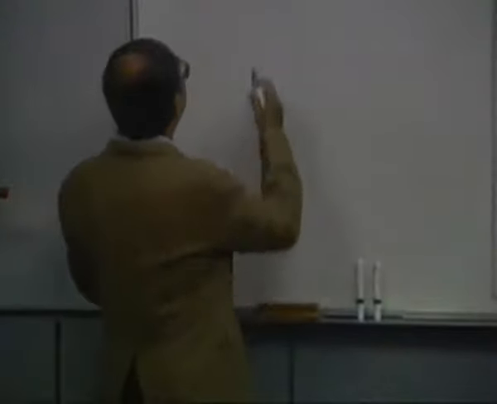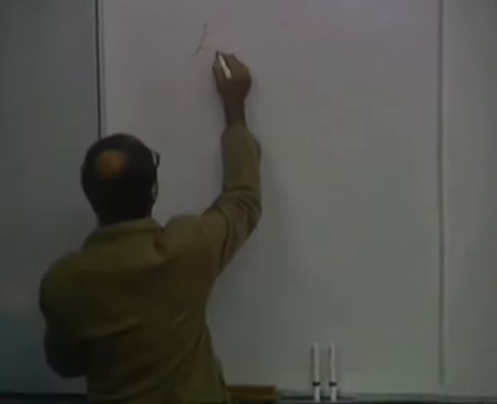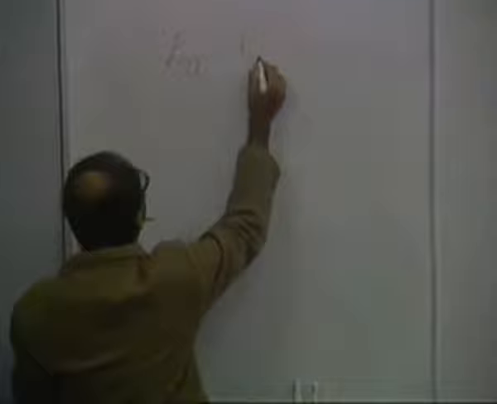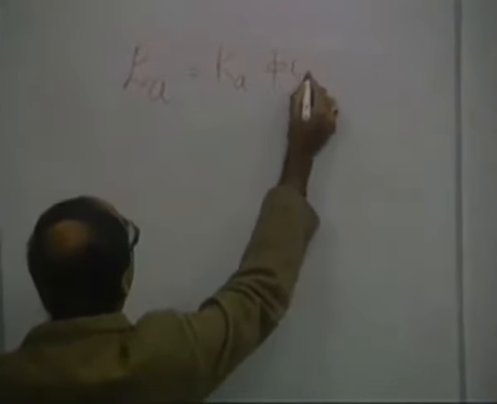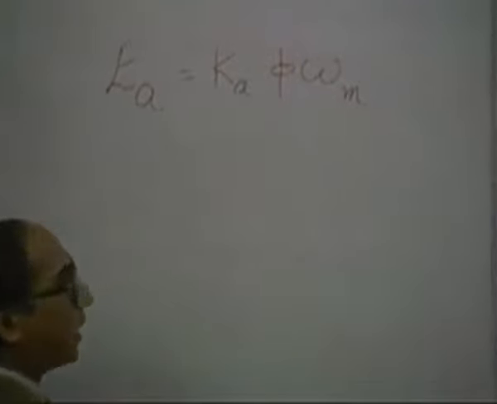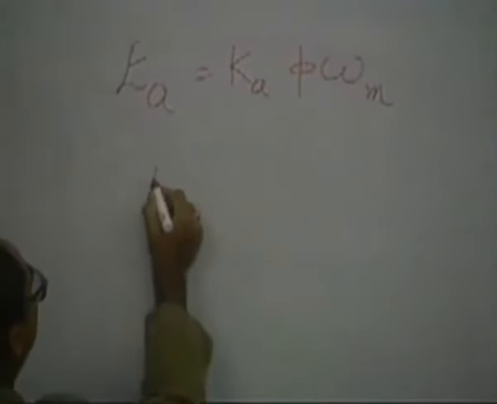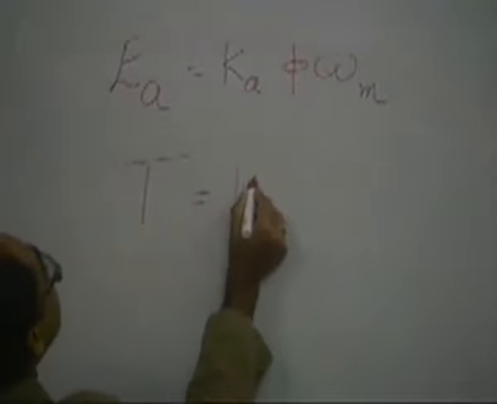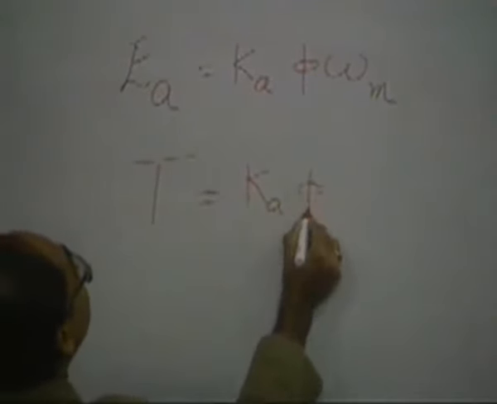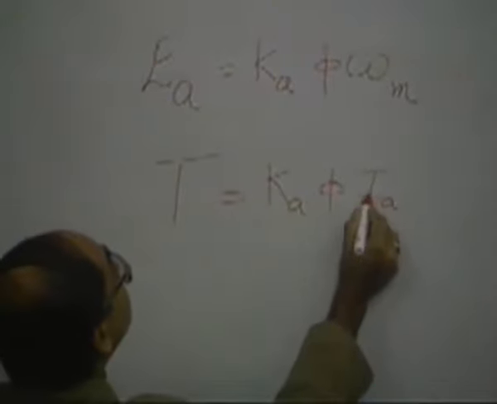Now, last class we derived the expressions for voltage and torque, wherein we obtained that the generated voltage EA is equal to KA into phi into omega m, and the developed torque was the same KA into phi into IA.